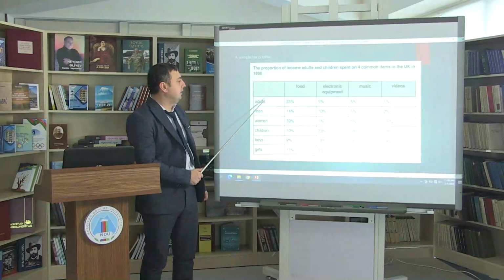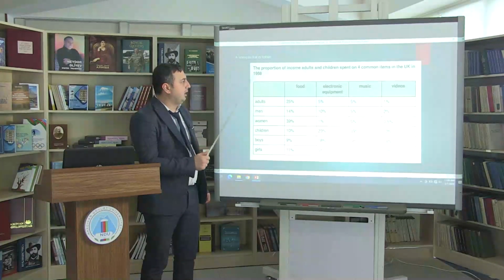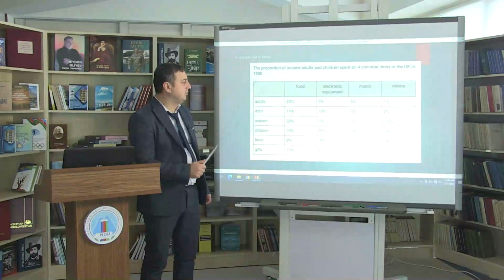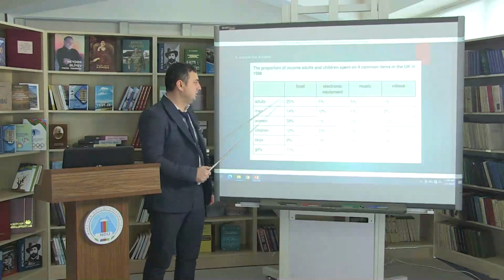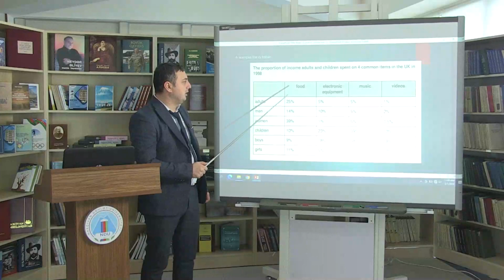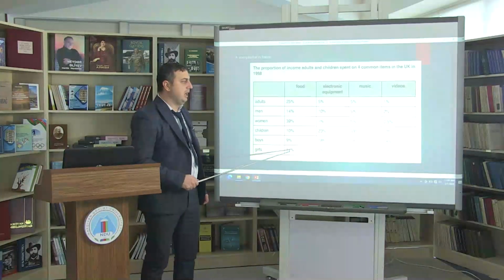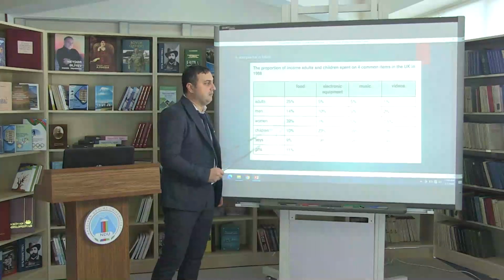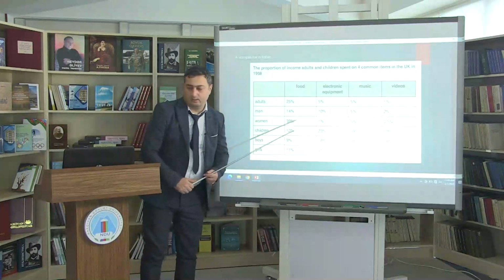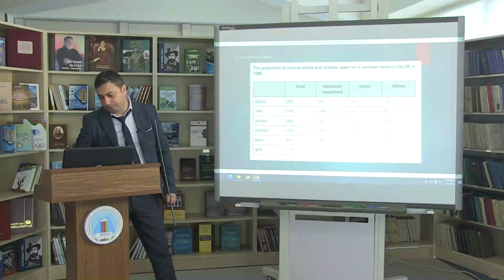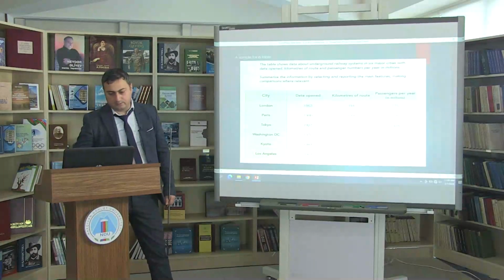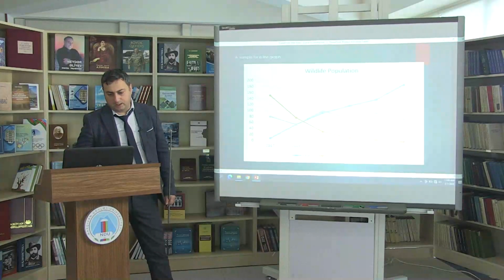The income spent on these 4 categories is distributed by adults, men, women, children, boys, and girls, with percentages, and we will describe these percentages in the table. Then another table.